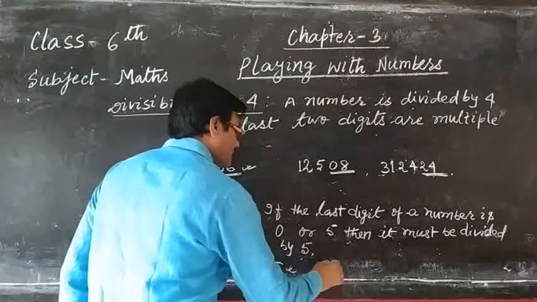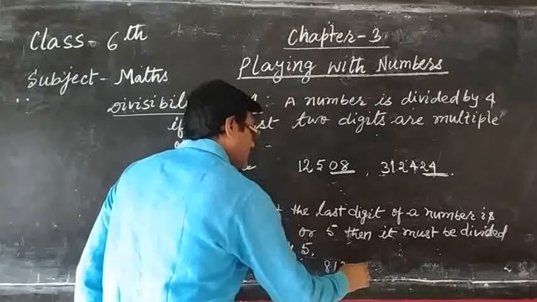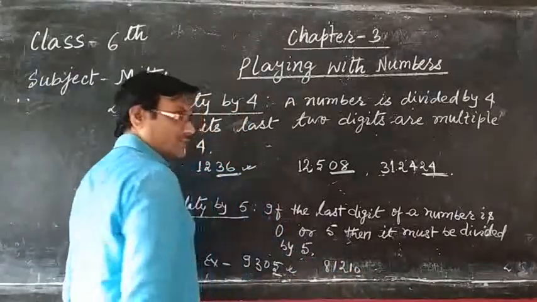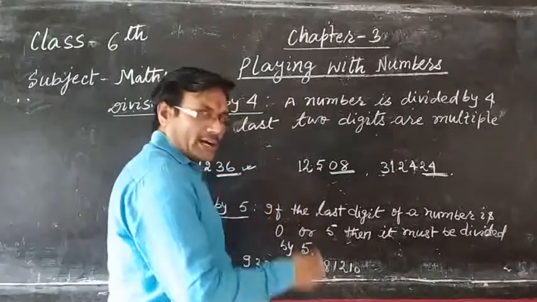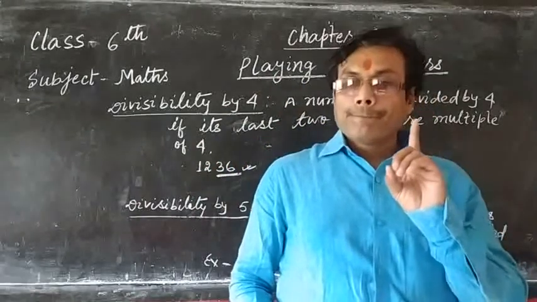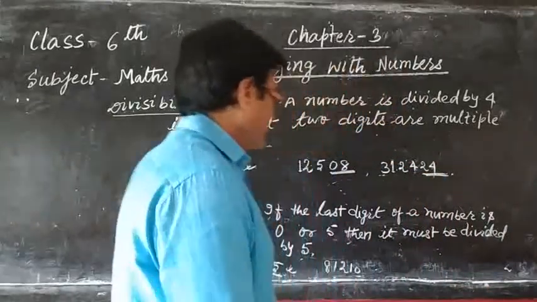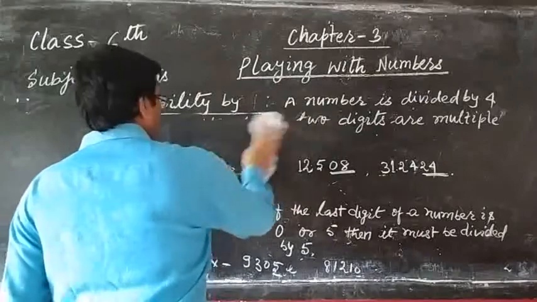Again 81,210. Last digit is 0, so it must be divisible by 5. तो आपको क्या चेक करना है इसमें? सिर्फ last digit, वो 0 होना चाहिए या फिर 5 होना चाहिए. Now we will see the divisibility of 6.